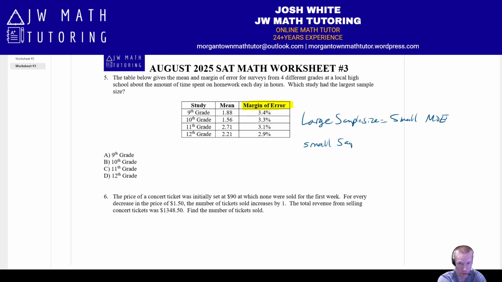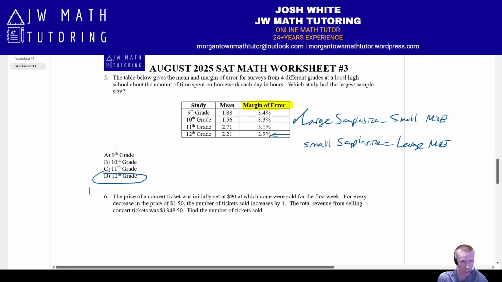You have a very small sample size, that's when you have a large margin of error. So we want the largest sample size, so we want the smallest margin of error. Which of these is the smallest? Well, it's this one right here. So the answer is letter D, 12th grade. The 12th grade survey had the largest sample size because it had the smallest margin of error.